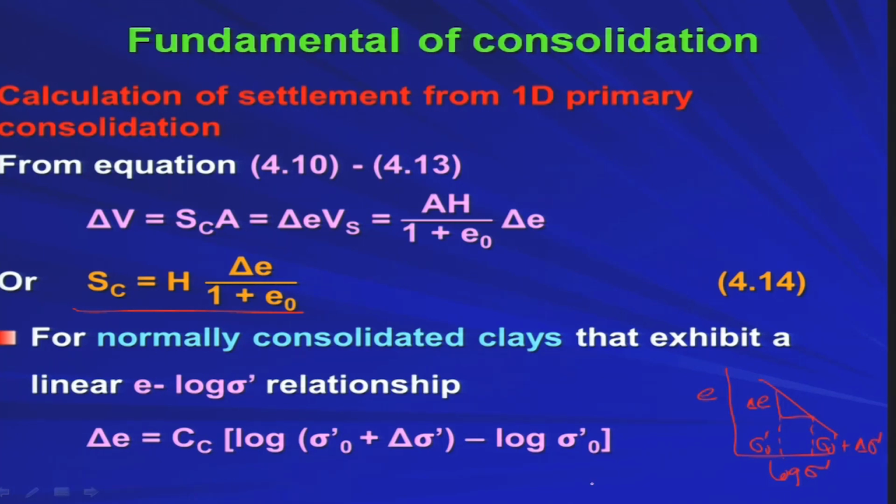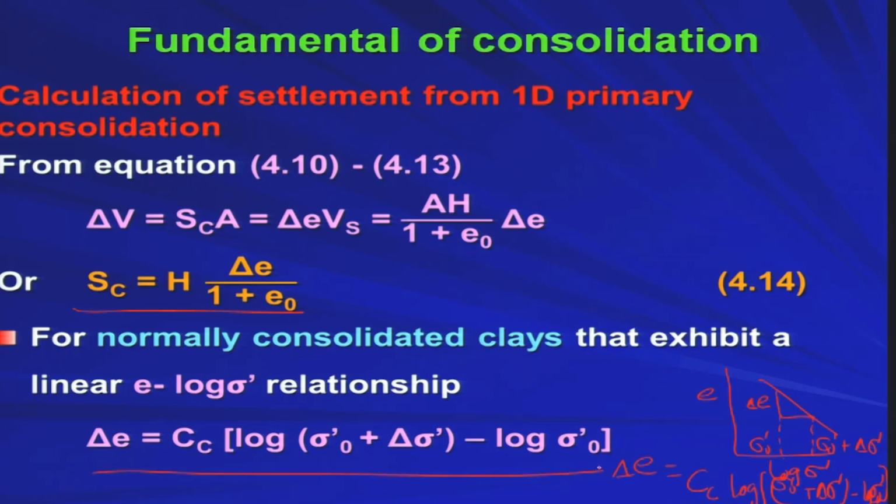So from there I can establish that delta e is equal to some constant C C into log of sigma naught prime plus delta sigma prime, minus log sigma naught prime. That we can establish from this plot.